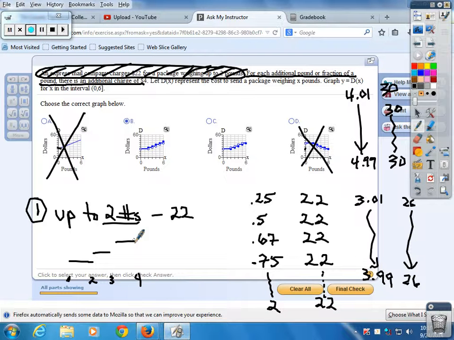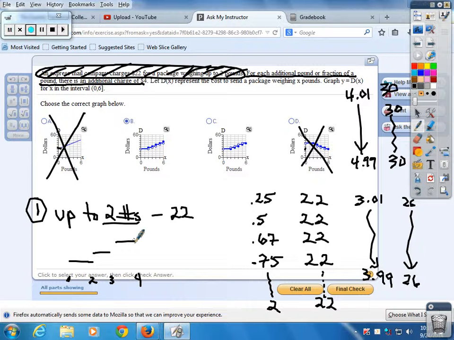No, wait a minute. I'm thinking it wrong. It does get up to. See, I'm thinking, okay, the open circle here means that you're not mailing anything, so you don't buy any postage. Then it goes up to $4. I'm thinking $3.99. Yeah, $4. I think it would be this one.